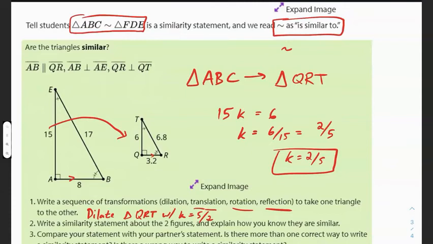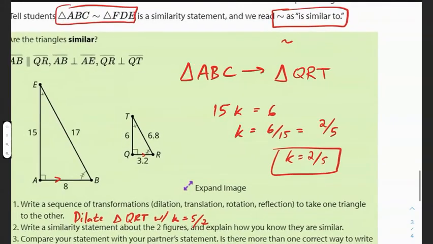Now let me explain. To get from the larger triangle to the smaller triangle, you had to multiply by a scale factor of 2/5. But remember, we're trying to reverse this. We're trying to get the smaller triangle to map perfectly onto the larger triangle. So we're actually trying to reverse what happened. So that's why I'm dilating by 5/2, right? That is the reverse.